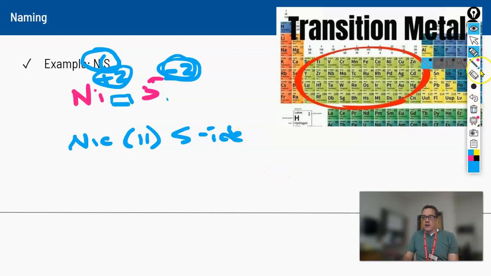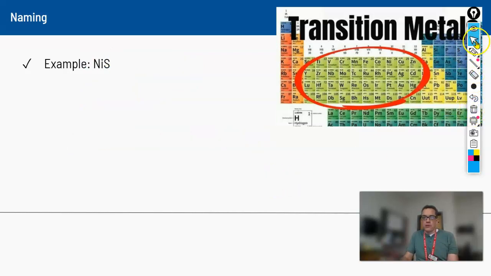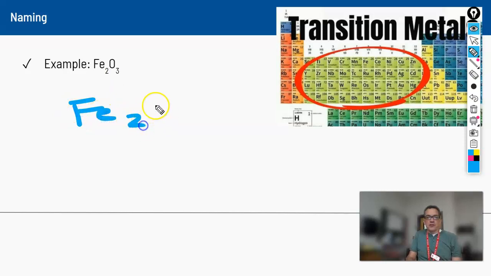Okay. I think I got one more, possibly. Yeah. All right. So we got an iron oxide. If we can again do this, so iron. If I write these out, so I got iron 2, oxygen 3. So let's remember what else do we know?